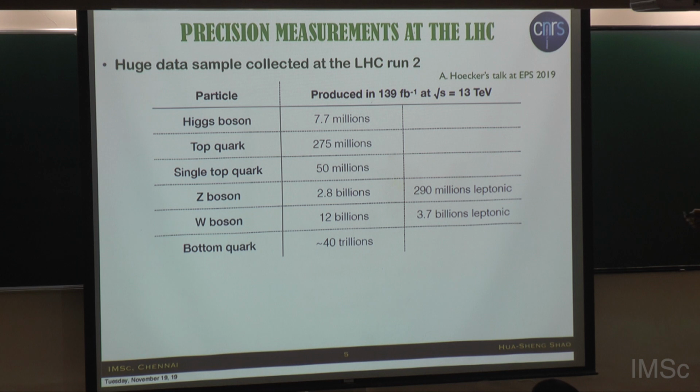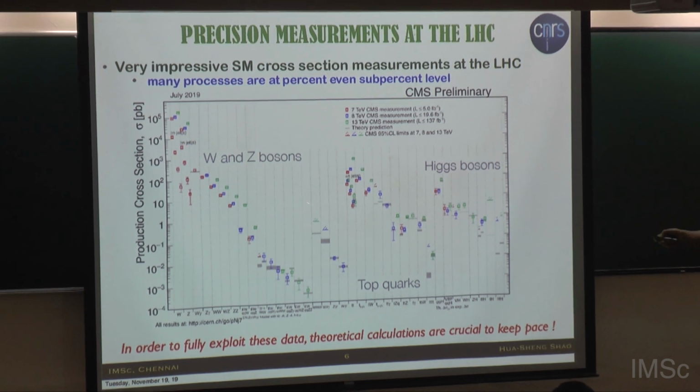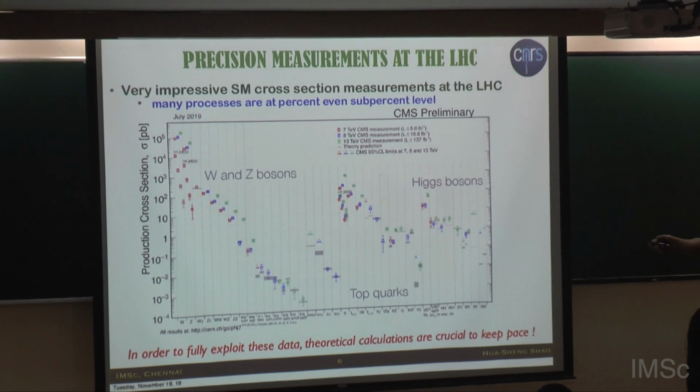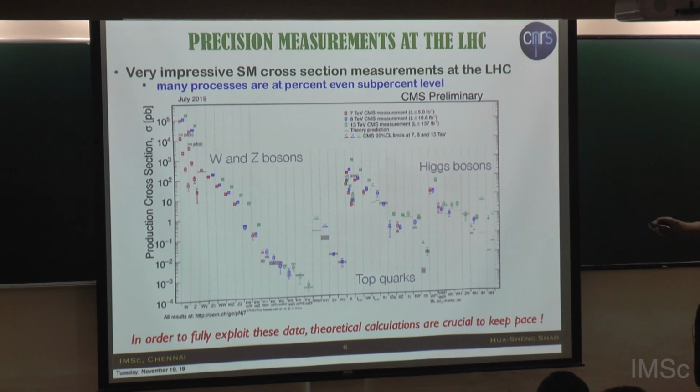The reason is because of your data, and the data has huge samples, and all this allows you to have very precise measurements, and for these precise measurements, you need a correspondingly precise theory to keep pace with the experimental data, right? So in order to fully explore this LHC data, you will see measurements over several orders of magnitude with different final states, and some even extremely precise, even at the per mille level.